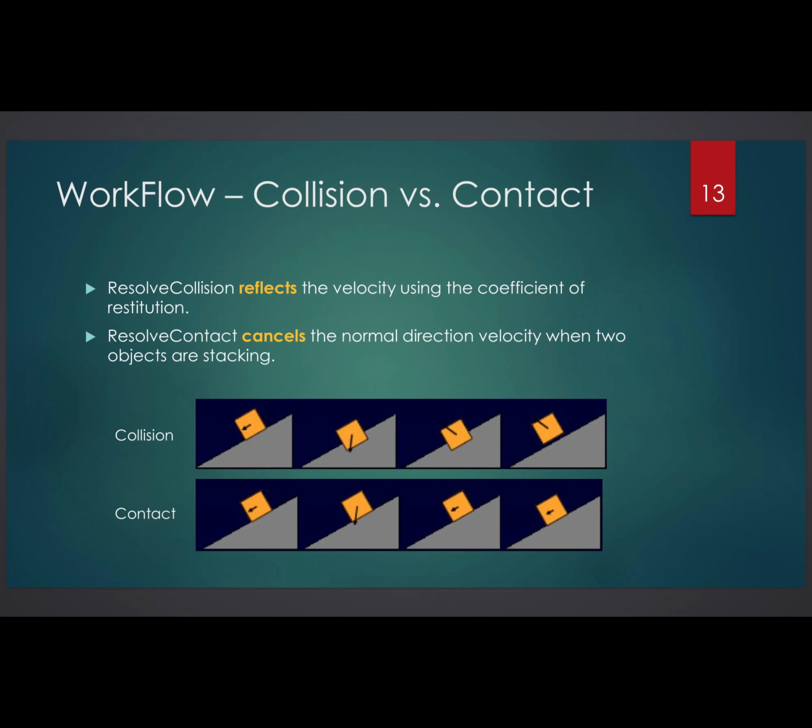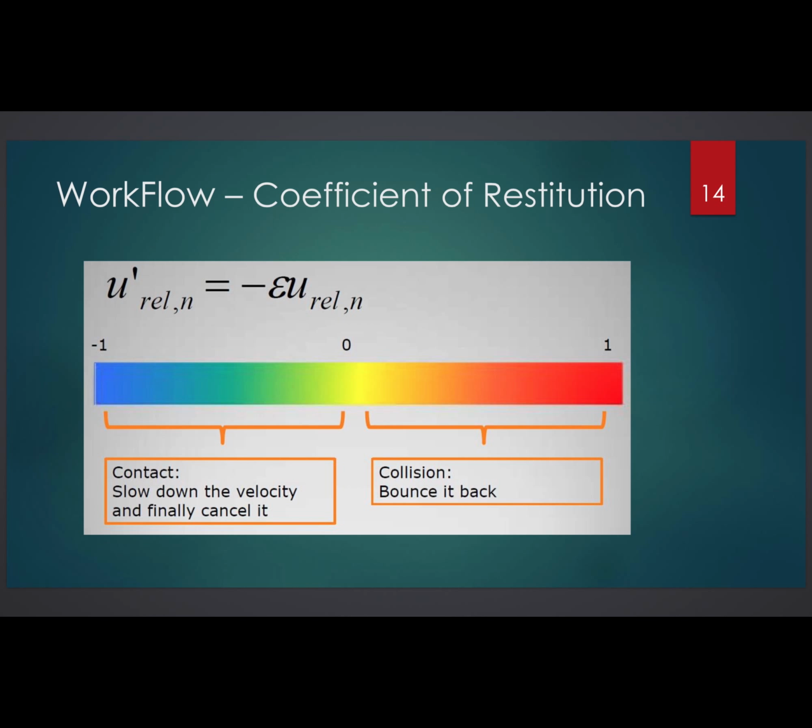The 2 pictures below show the difference of the velocity change. Whether an interaction is a collision or contact is determined by the coefficient of restitution. When the coefficient of restitution is 1, the interaction is counted as collision, and when the coefficient is -1, it counts as contact.